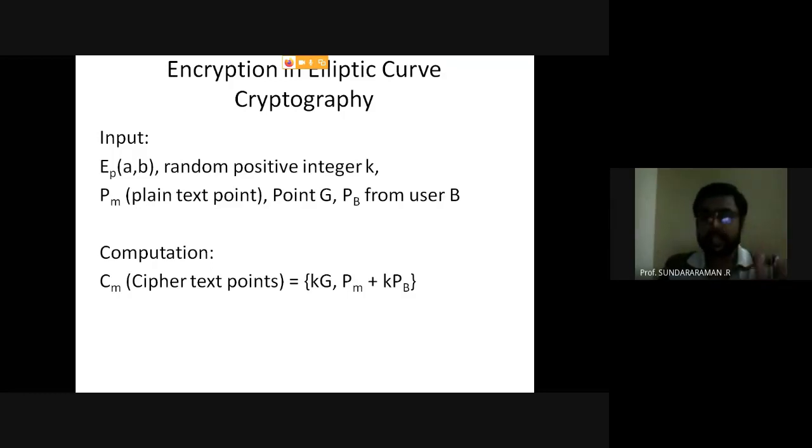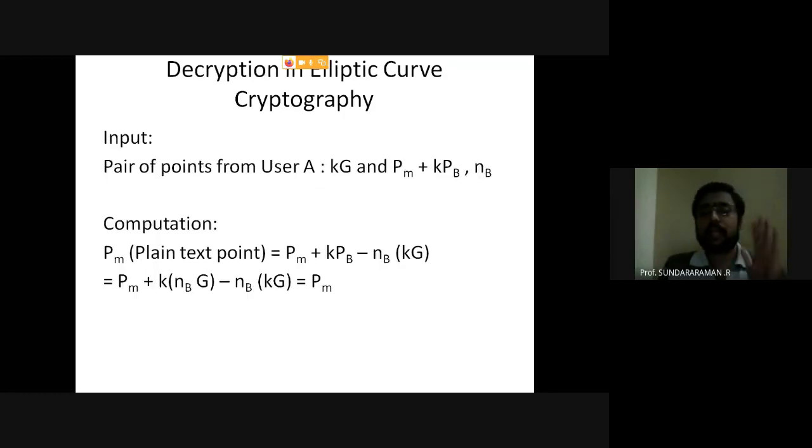So if I am user B, user A would have sent me kG and Pm plus k into Pb. Along with that, what do I know? I know nB. And you must also understand that because I am the one who is generating Pb, the public key of user B, I require access to both nB and point G. nB into G gives you Pb.